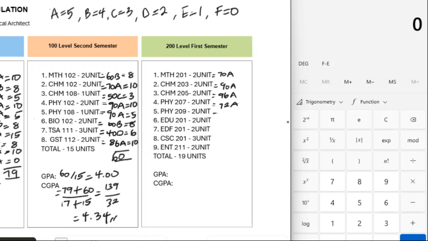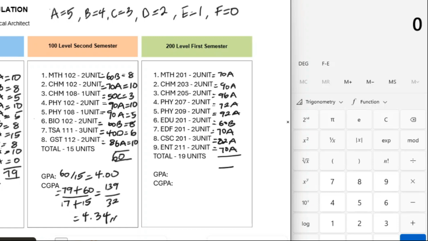Physics 209, you had 92A. EDF 201, let's say you had 70A. CSE 201, you had 82A. And ENT 201, let's assume you had 70A.